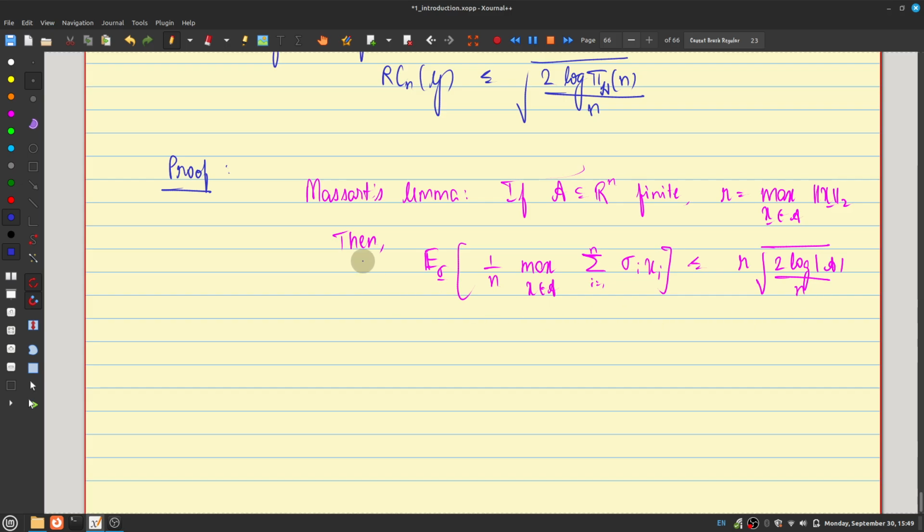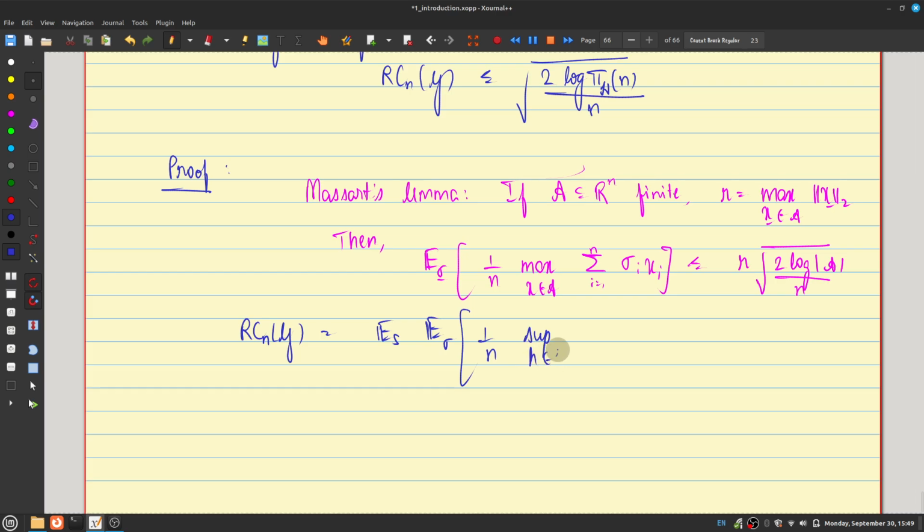For now, let's assume that this lemma is true. What is the Rademacher complexity equal to? This is equal to the expectation over S, expectation over sigma of 1 over n times the supremum over all h in H of the summation i equal to 1 to n of sigma_i g of x_i y_i, right?